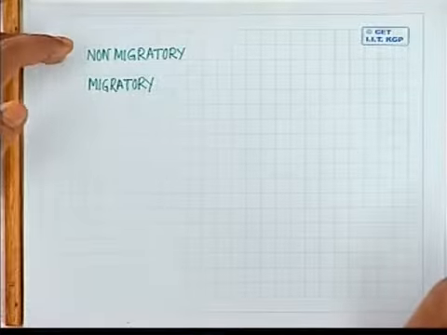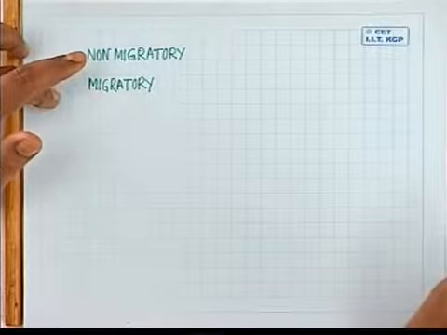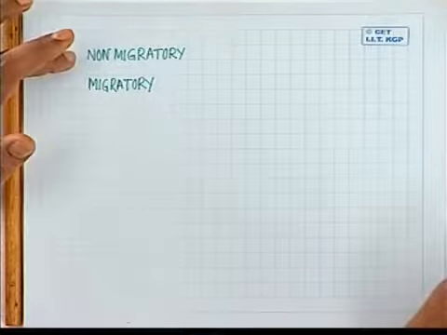Now, what is this non-migratory and migratory? We can say that non-migratory is to some extent static in nature. As we have seen, in non-preemptive scheduling, once a process is given to the CPU for execution, the process has to terminate on its own. It cannot be terminated forcibly.